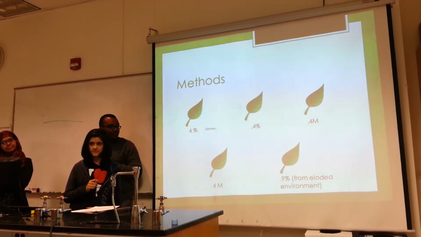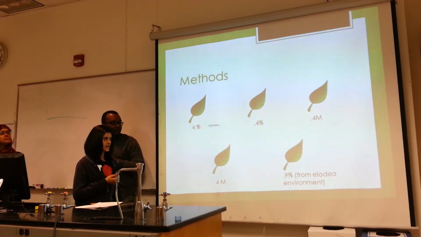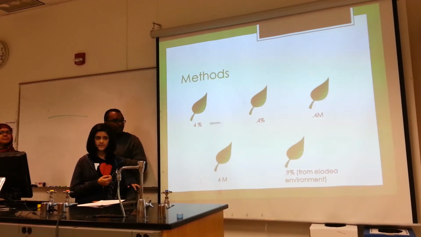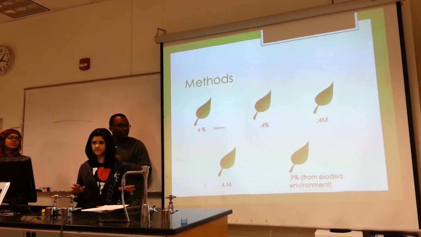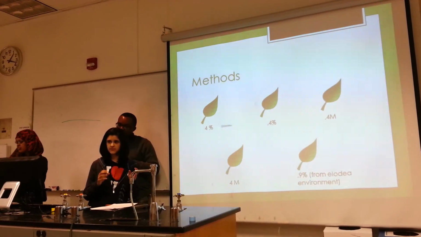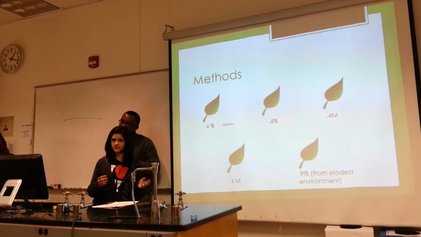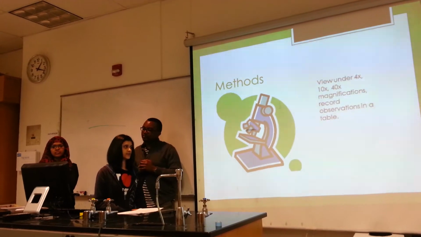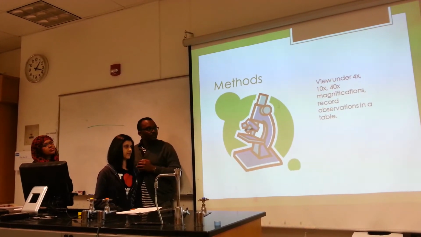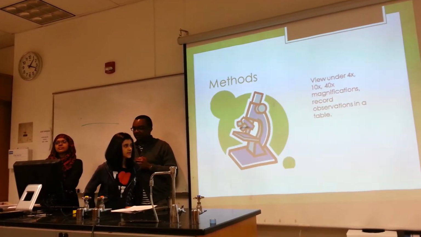You place the leaves on the glass microscope slide, add a cover slip over the slide, and then wait 5 minutes so the concentration changes inside and outside the cell. And then you view it under 4x, 10x, and 40x magnifications.